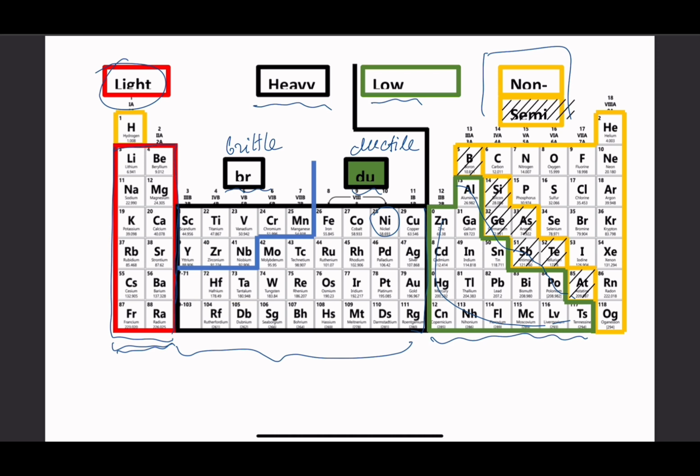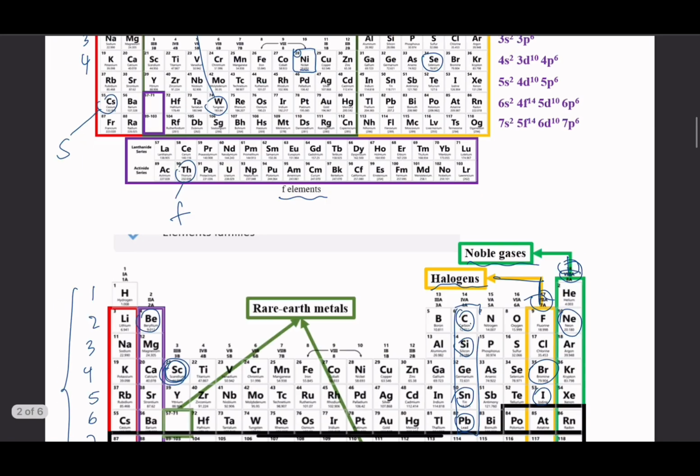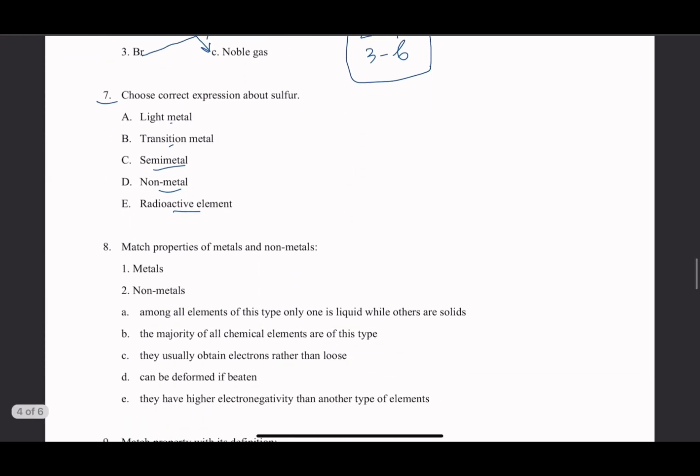This part is semi-metal, and this part without the lines on it, I'm going to mark it like this, is non-metal. Sulfur is inside the non-metals. So we're going to go back to our questions and check non-metal for sulfur.